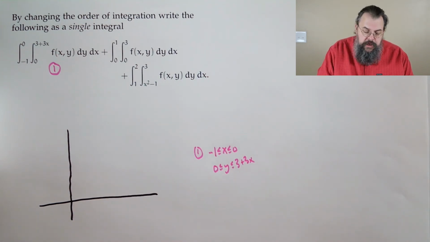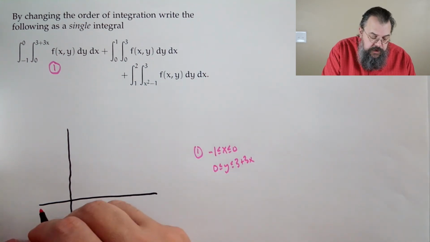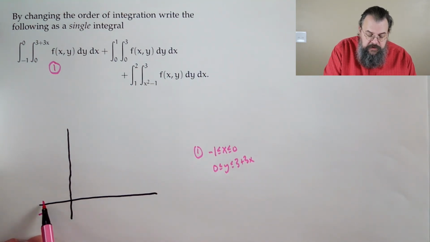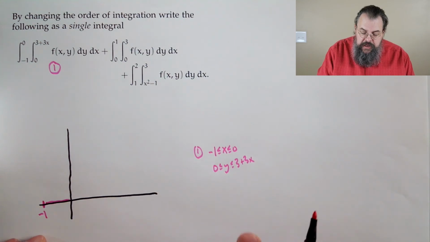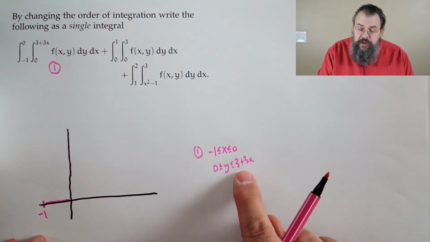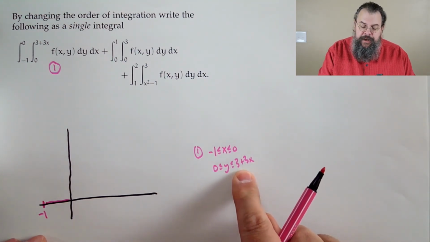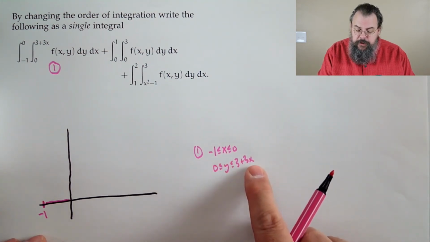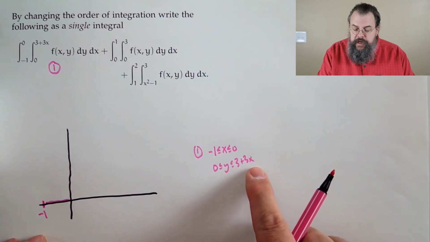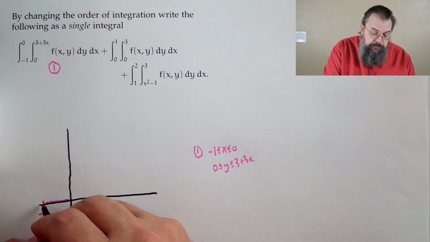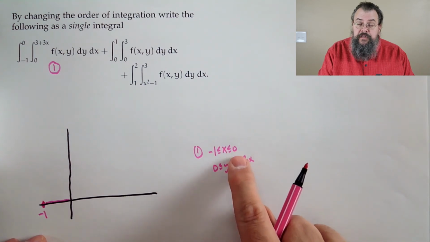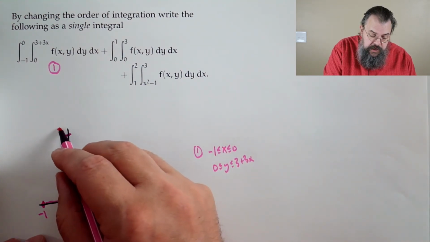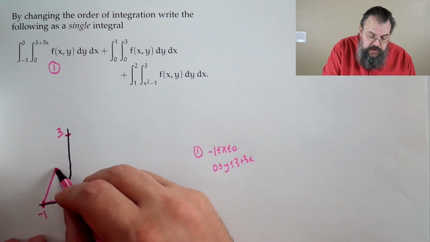So -1 to 0, we should come over here, -1 to 0, and then y equals 0, that's easy to spot. The other thing that is helpful is y equals 3 plus 3x, and we just need to know what happens at -1 and what happens at 0. Plug in -1, 3 plus -3 is 0. Oh, so the line passes through that point. Plug in 0, 3 plus 0 is 3. So, okay, here's 3. So it's this line here.